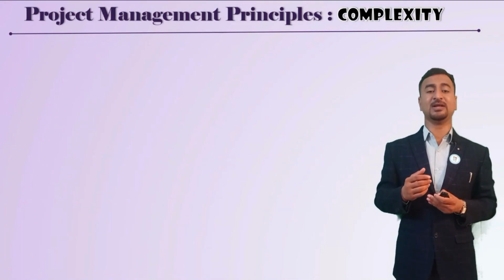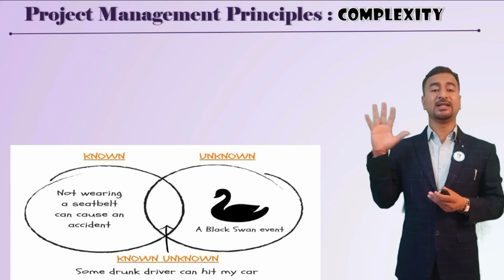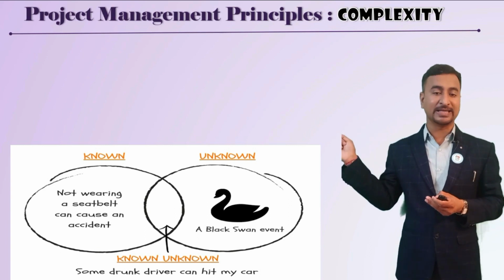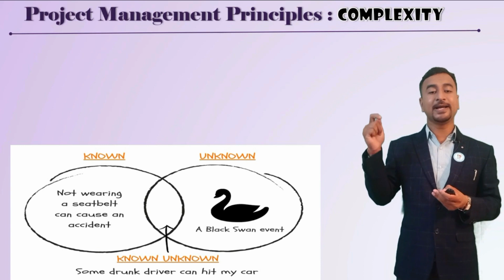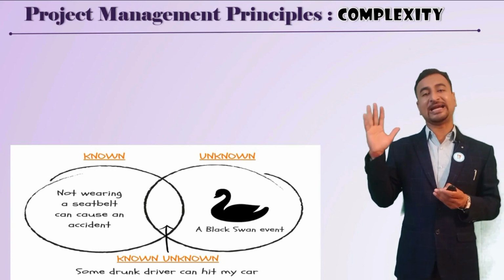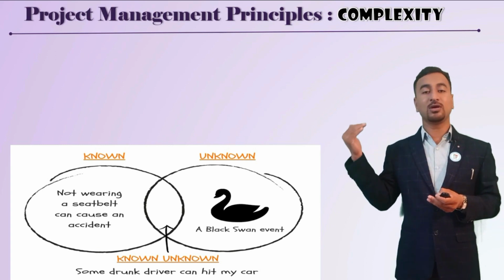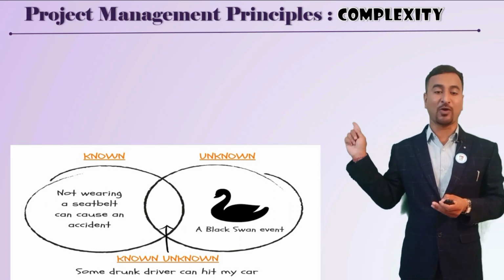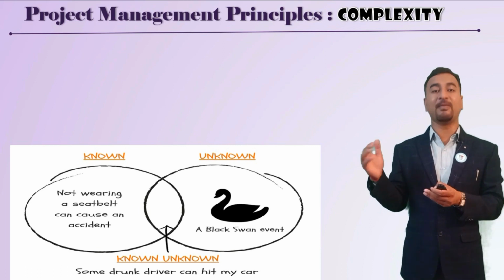Let me give you an example to understand the black swan theory. Here there are known things and unknown things. A known thing, for example: not wearing a seatbelt can cause an accident. That is a fact known to you. What is the known unknown? In the Venn diagram, the intersection point says that a drunk driver can hit my car.